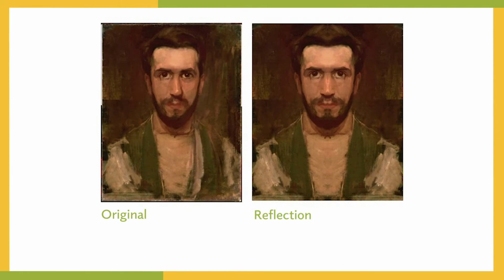Comparing on the left, we have the original painting in its original form, and on the right, we have the reflection of Mondrian. So we've created a line of reflection down the middle of the painting, and then we've reflected vertically from the left to the right. That's a demonstration of what a reflection looks like.